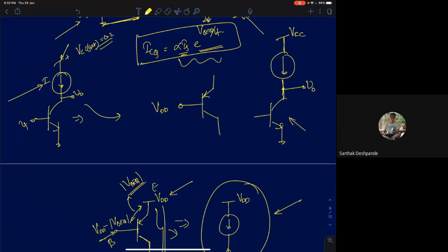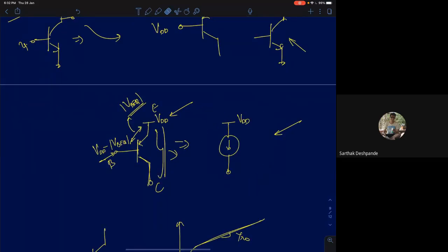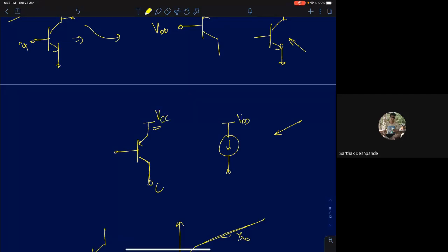I just told you that for a PNP transistor, if its VBE is fixed, let me show it properly. Let's say this node is at VCC. This node voltage, I will keep in such a way that it is VCC minus mod VBEQ.